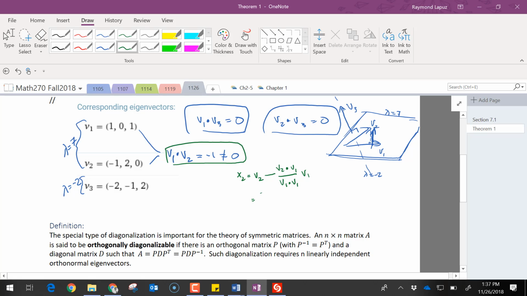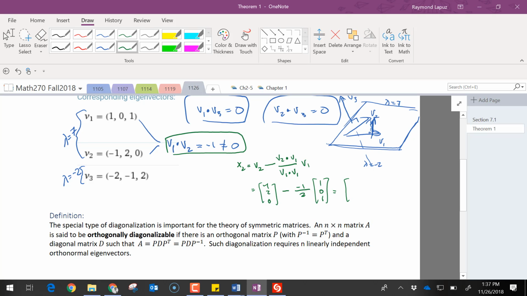So we have the vector V2 is -1, 2, 0. V1 dotted V1 is 2. This dot product is -1. We saw that already. And V1 is 1, 0, 1. So what am I doing now? -1 plus 1/2, negative 1/2.